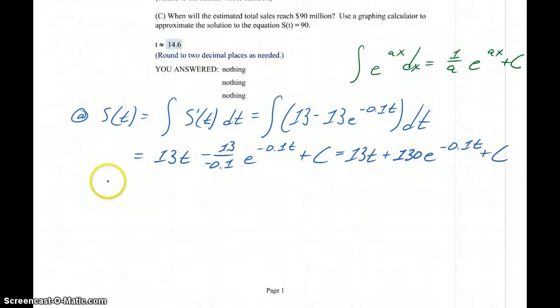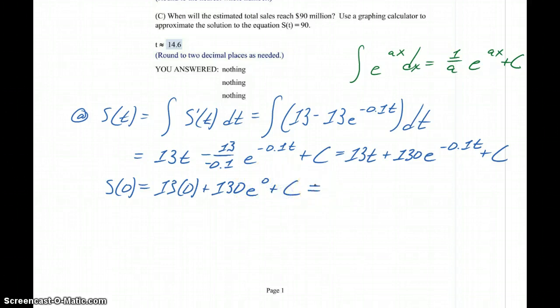So we're told that at the beginning of the campaign, so that would be when time equals 0, there were 0 sales. So when we evaluate this function at time t equals 0, our result should be 0. So 13 times 0 will be 0. 130 times e to the 0 will be 130.